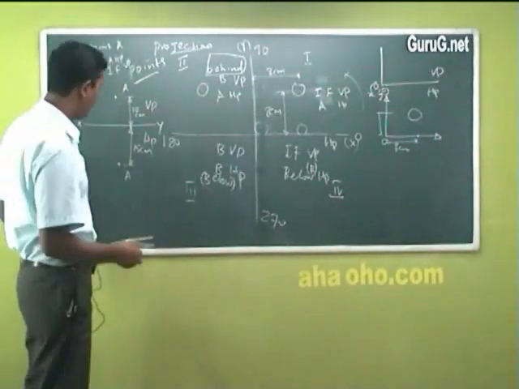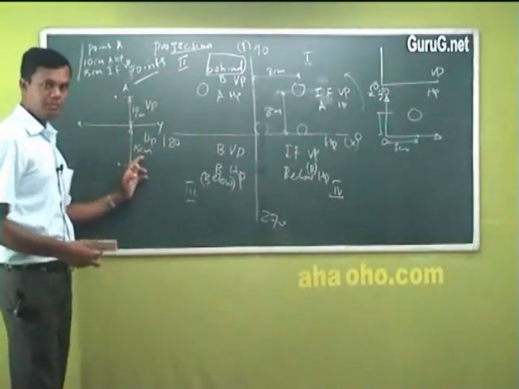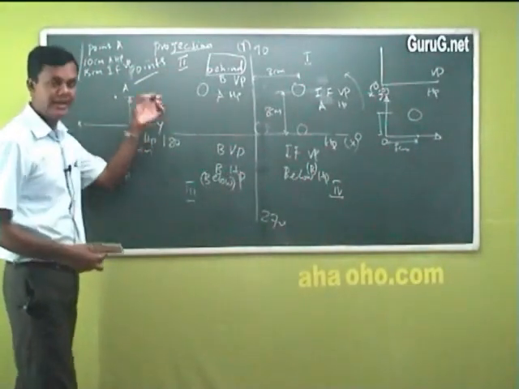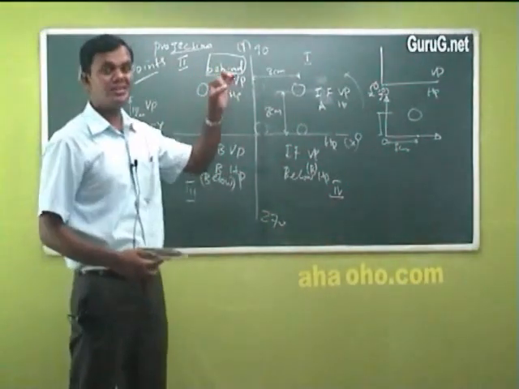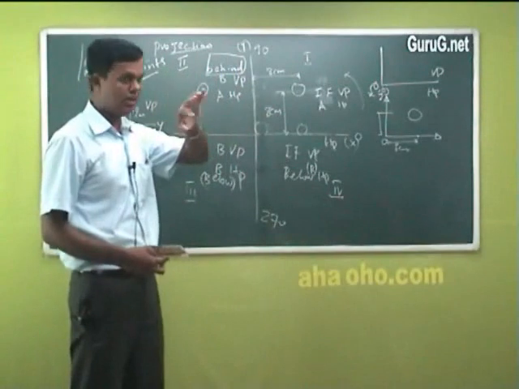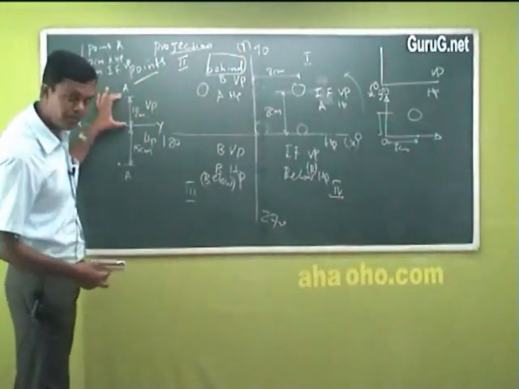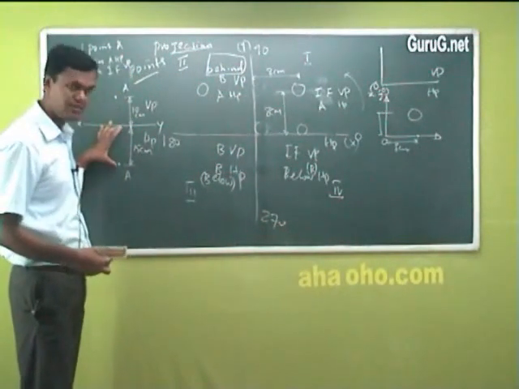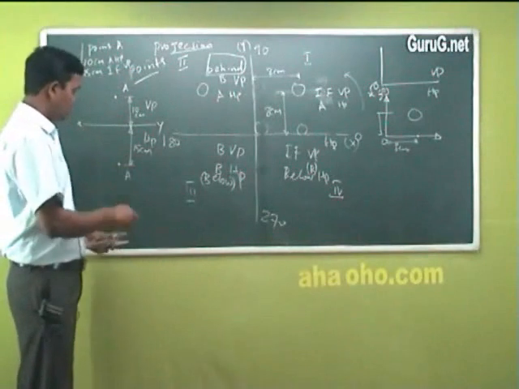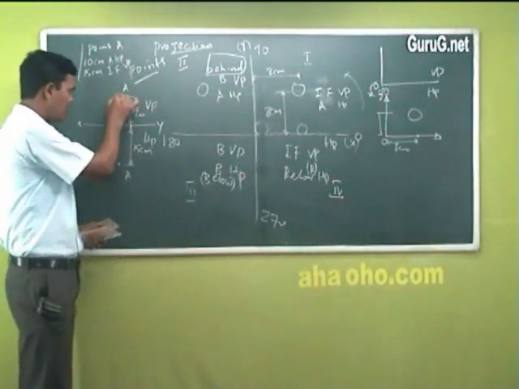Now, basically, this 15 centimeter and 10 centimeter are the indications of the placement of the point, where it is placed in two views. In the front view, it is placed 10 centimeter above HP, and in the top view, it is placed at a distance of 15 centimeter. Now, you have to connect these 2 points with a small line.